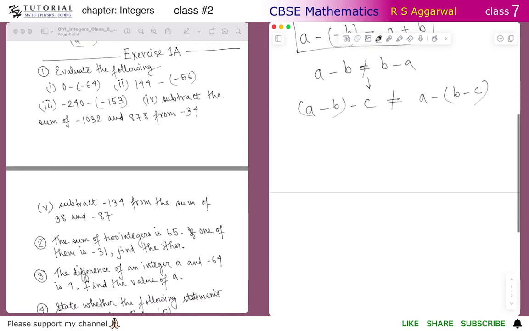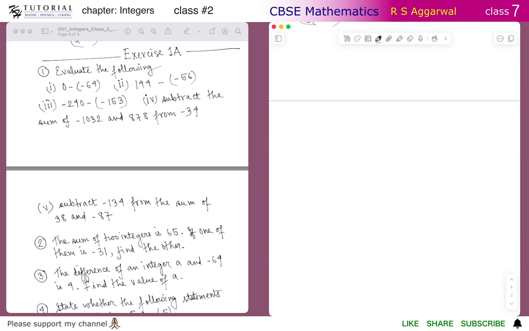Let's solve exercise 1A problems. The first one says evaluate the following. It says 0 minus minus 64. So it is asking to subtract minus 64 from 0. What do we do?